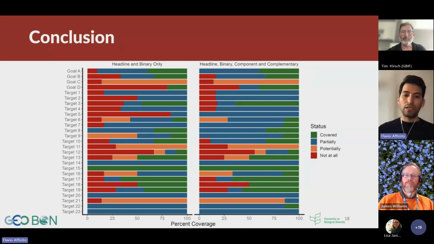And what you can see is that when we move from left to right, most of the gaps that we have on the left are at least partially covered when you take the monitoring framework as a whole. And it's also fairly apparent which are the targets and goals that still require more effort when you compare the left and right. Specifically, you can think about target 12, target 18, goal D, where there are more gaps than in other places. But this is positive news here.